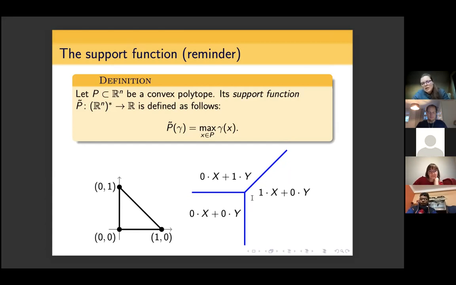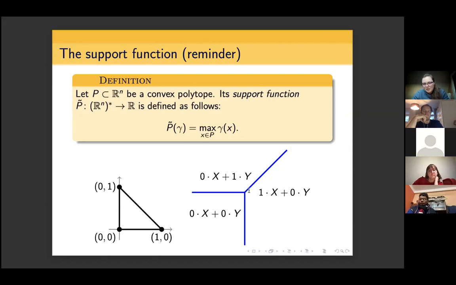Let's look at this. Suppose we take a covector lying in this cone. That means that coordinates are non-negative and the first coordinate is not less than the second coordinate. Then such a covector lying inside of this cone would attain its maximal value at this vertex. And in order to know this value, all one has to do is to pair this vertex with the covector.